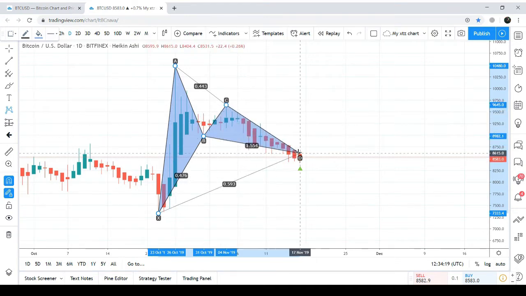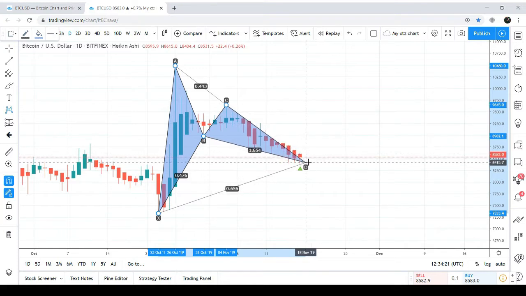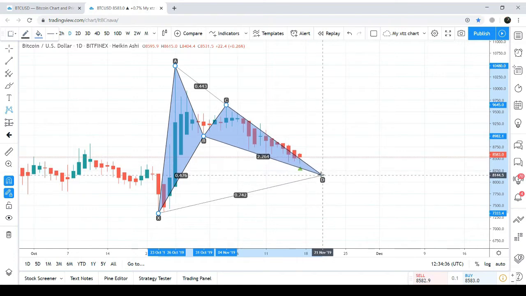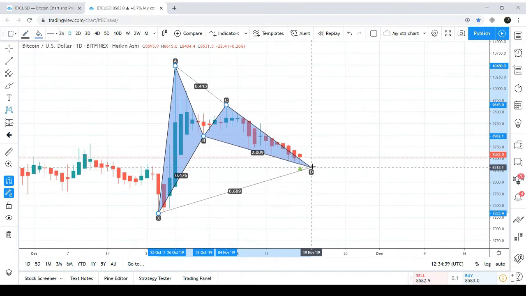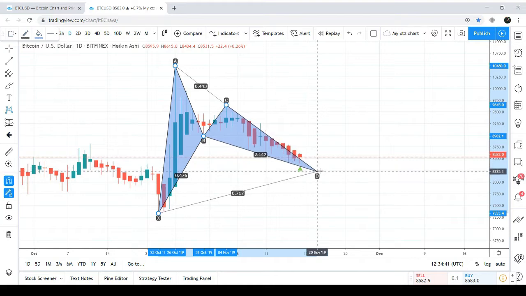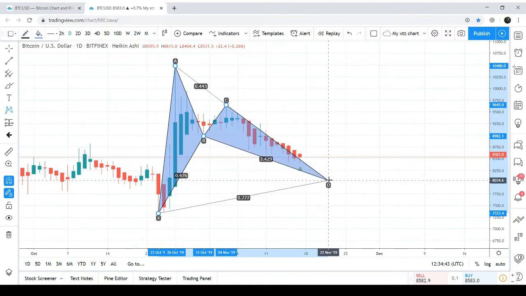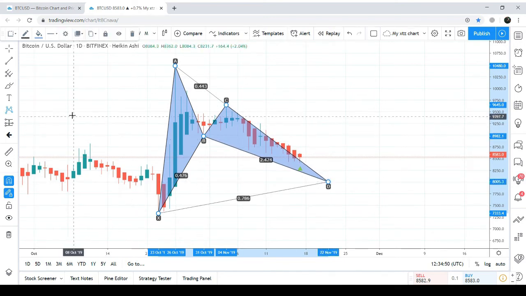And the C to D leg should be retraced between 0.786 up to 0.886 Fibonacci. So far, the price action has retraced up to 0.66 Fibonacci. So the price action can move more down to complete the final leg of this bat pattern, almost up to here, 0.786.